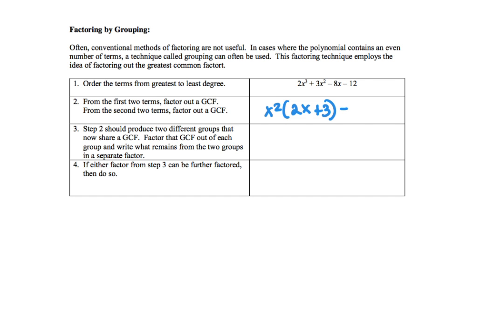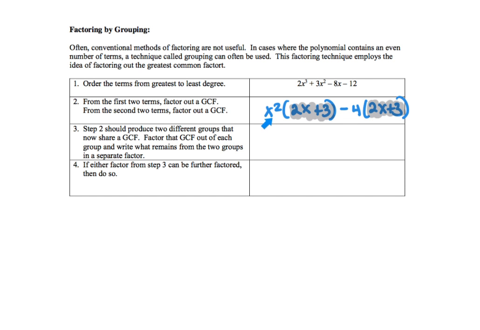That would be minus 4. That's 2x plus 3. Now if you've done this correctly, what you're going to notice is this part is going to match this part. If they don't match, then you did not do it correctly, because what we're really looking for here is a new GCF. And that new GCF is 2x plus 3.